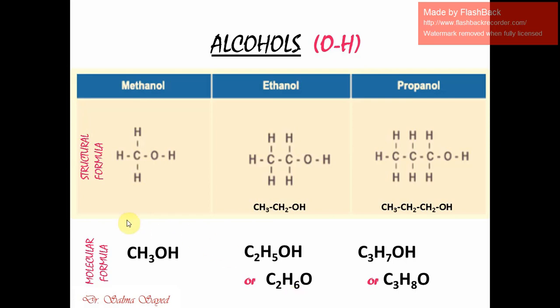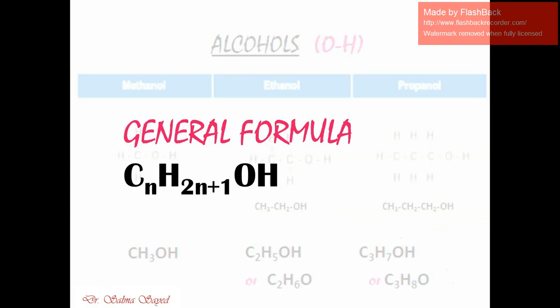So if you have a look at this and you pause the video for a while, which general formula can you deduce from these compounds? So this is the correct general formula of alcohols. If I have n carbons, so in the case of methanol it was only one carbon, the number of hydrogens will be 2n plus 1, so 2 times 1, 2, plus 1 is 3, and OH.